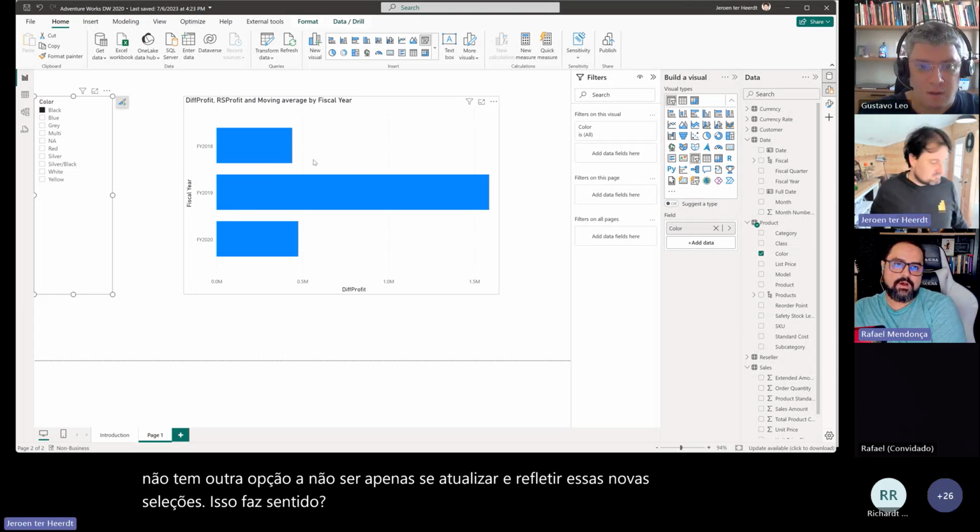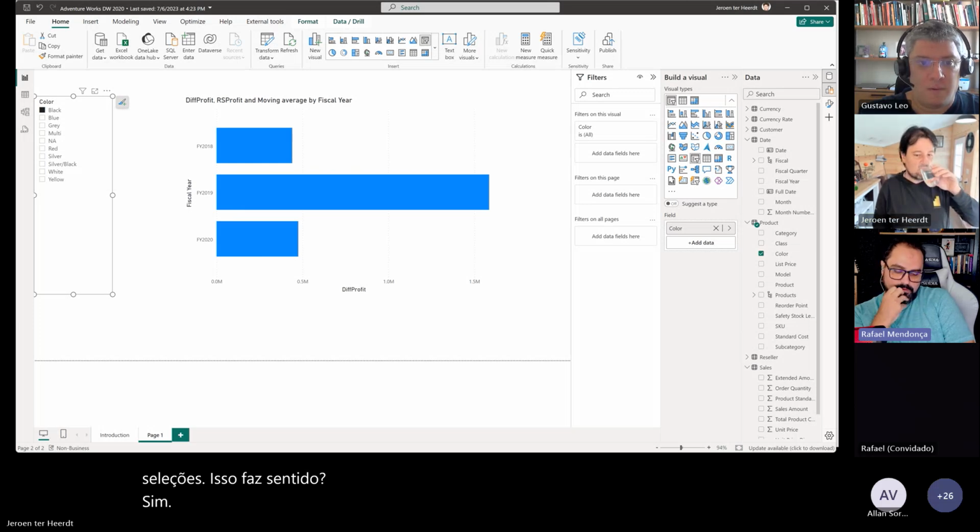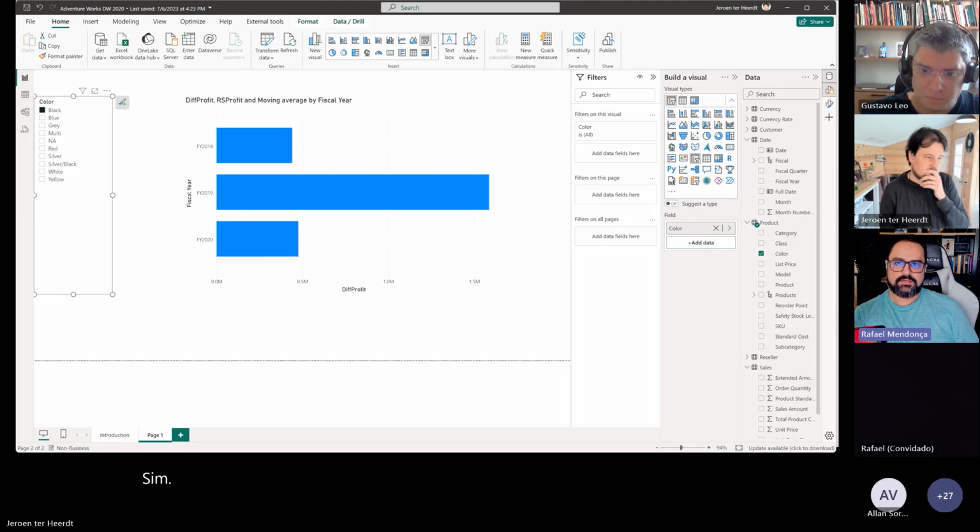Okay. I have a question. Are visual calcs working with the numbers of the visuals, or are they translated to DAX, to the analysis engine inside Power BI?